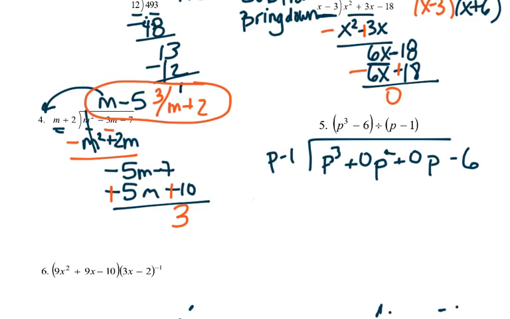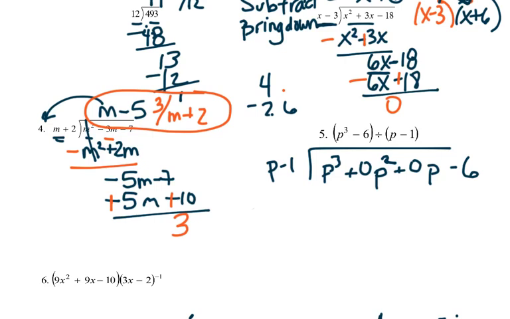And those are like placeholders, okay? It's just like if you were to subtract like 4 minus 2.6, you might add a 4.0 in there in order to subtract. You might add that in so that you could do your borrowing. It's the same thing. We're adding these in as placeholders. They're not changing the problem.